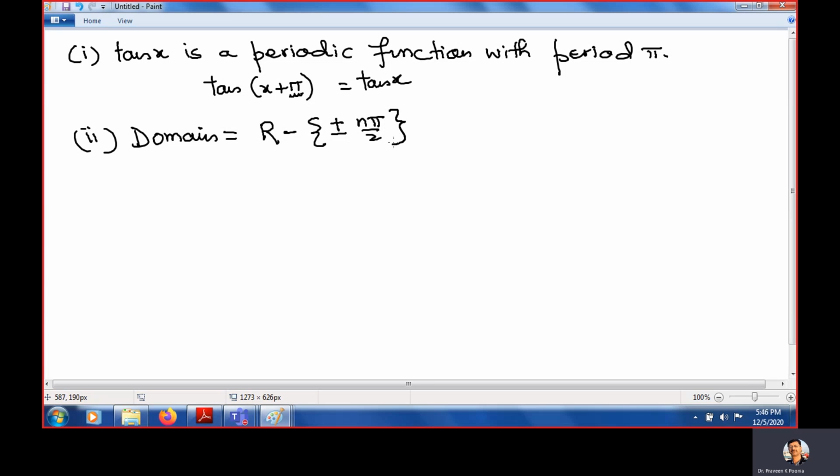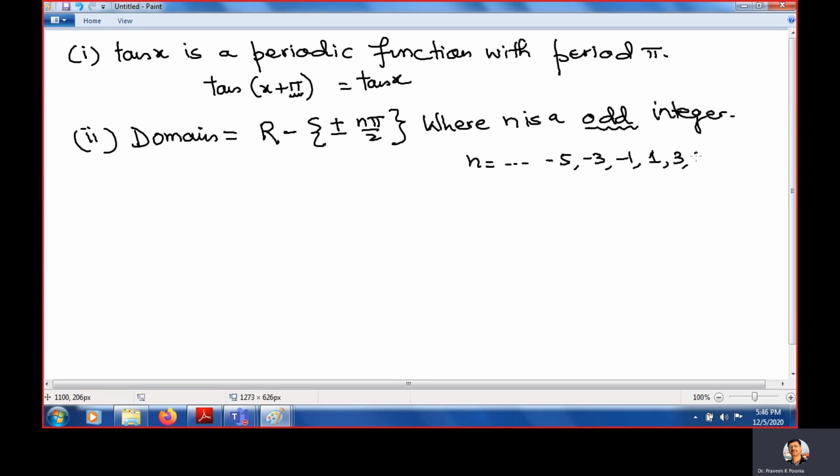Where n is an odd integer. Please remember, n is an odd integer because pi by 2, 3 pi by 2. So n can take values minus 5, minus 3, minus 1, then 1, then 3, then 5, like this. n can take only odd values.